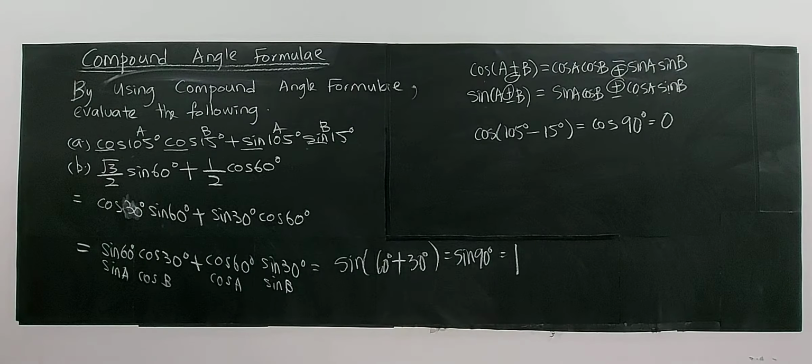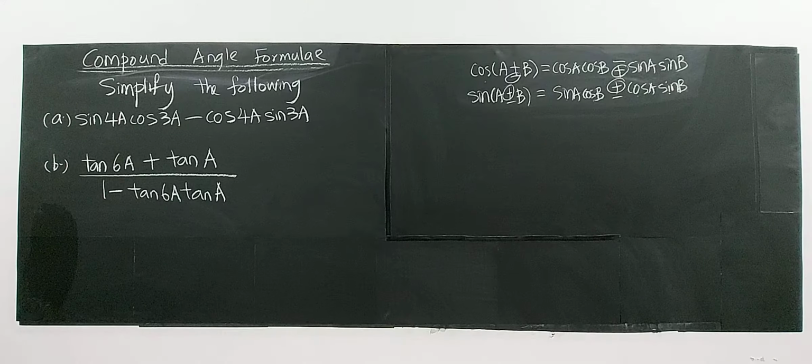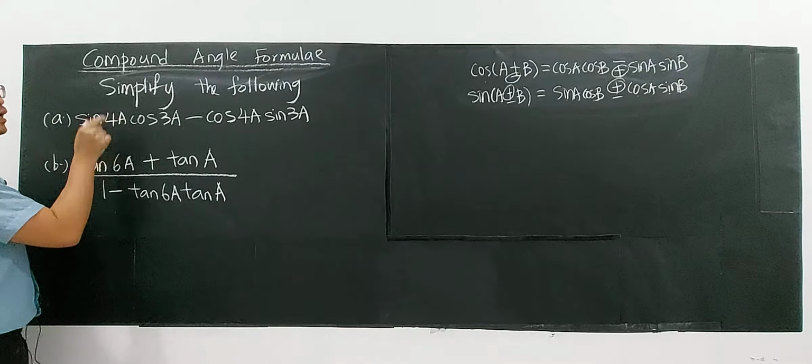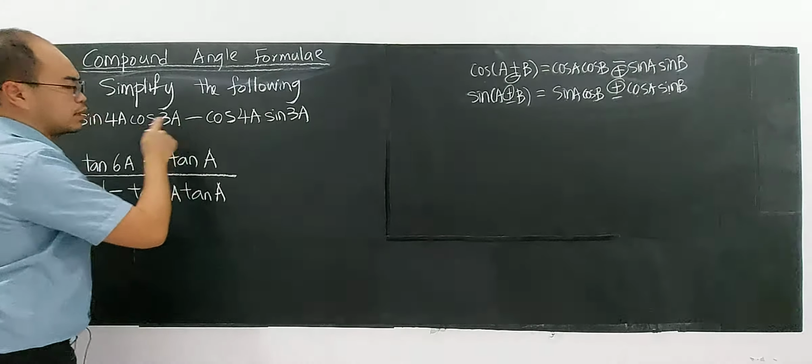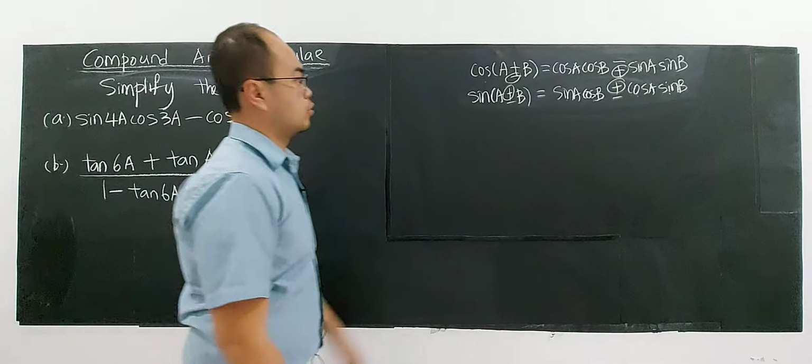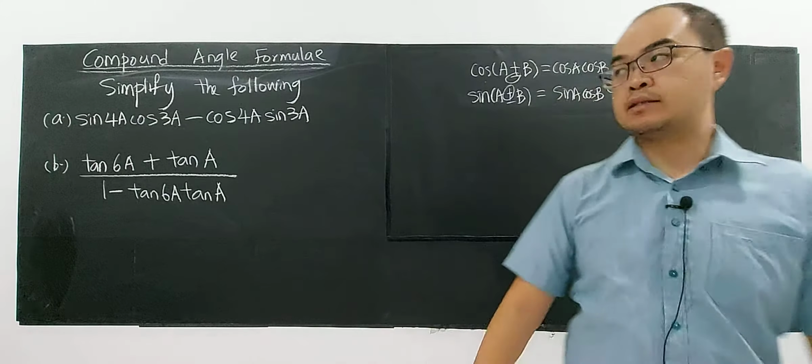This is the way we use the compound angle formula. I will give you another two examples. It's the same concept: using the compound angle formula to simplify the following expression. You have different angles: sine, cos, cos, sine, and a minus here. So we apply this formula.